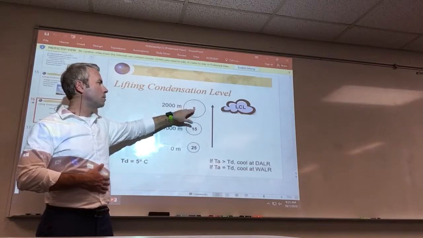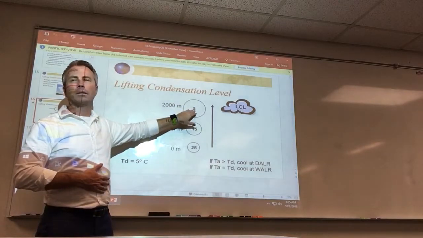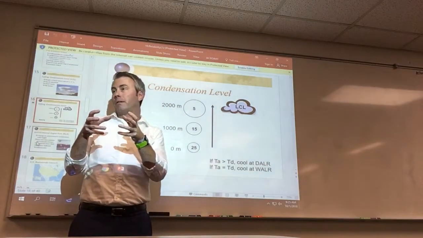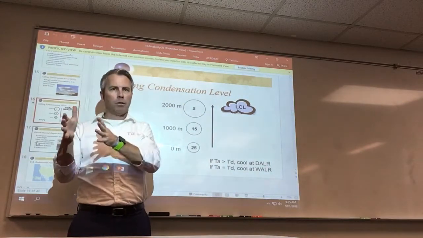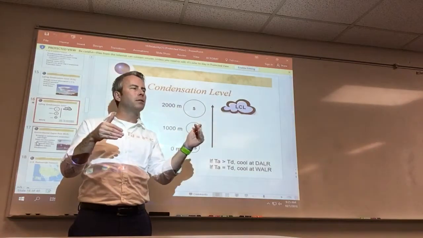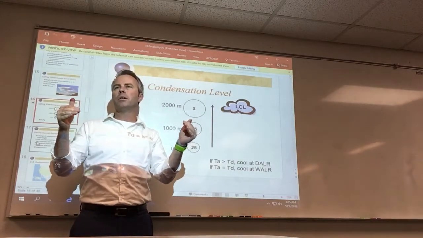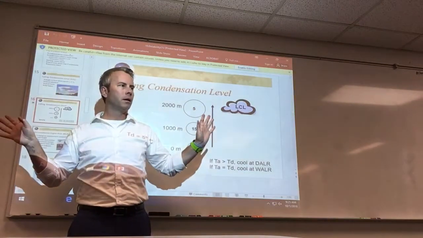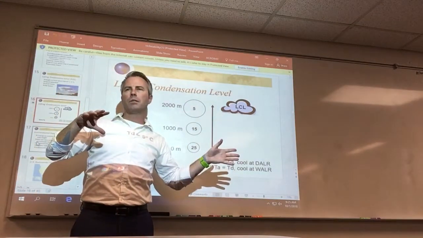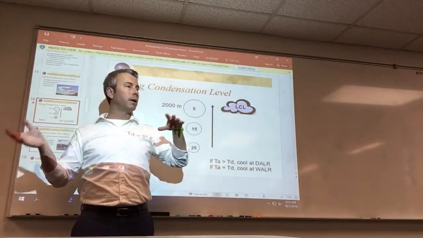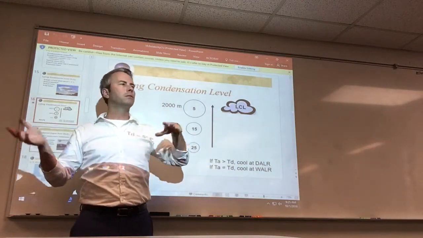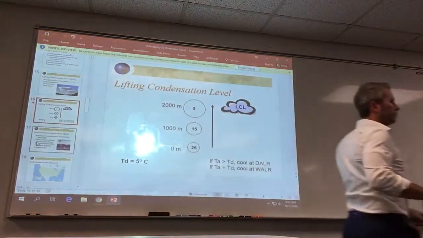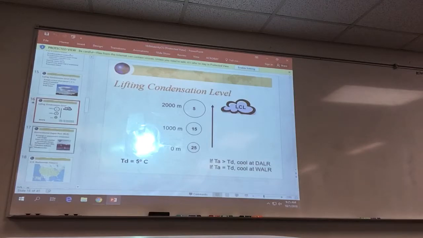As soon as you hit the point where your air temperature is the same as your dew point, which is basically when you start to create a cloud, then you switch. Instead of 10 degrees per 1,000 meters, you go over to the wet lapse rate, and that's the one that's variable. It all depends on how much moisture you've got. It could be 6 degrees per 1,000, it can be 4, it can be 7, it can be 3, 8. Doesn't matter. It all depends on the amount of moisture you have. So that's how the two work in tandem.